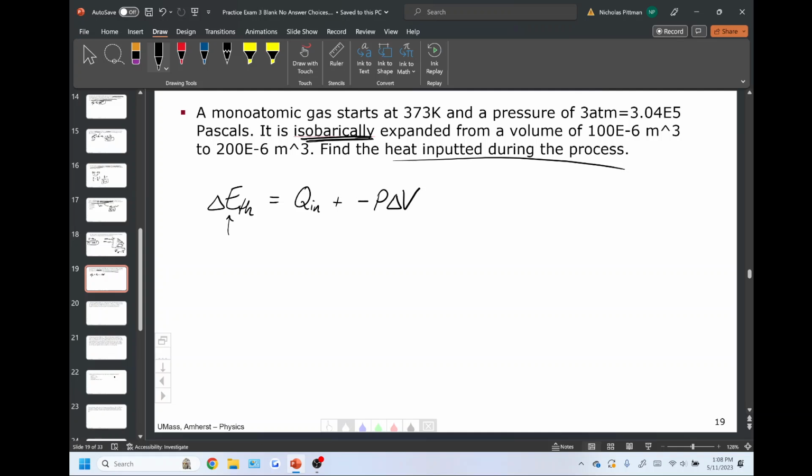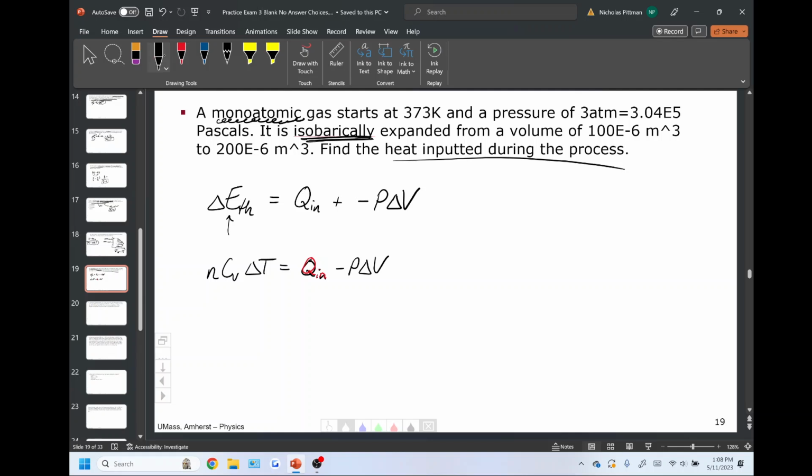As usual, delta E thermal, we probably want to replace it with N CV delta T. And let's see if we actually might know every variable in this equation. Also keeping in mind we have a monoatomic gas, meaning that we actually know CV. Okay, let's see. Find the heat input. So Qn is our variable. Let's see if we have enough pressure to solve.